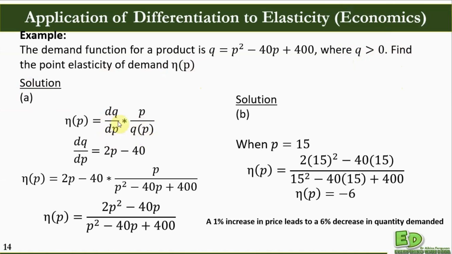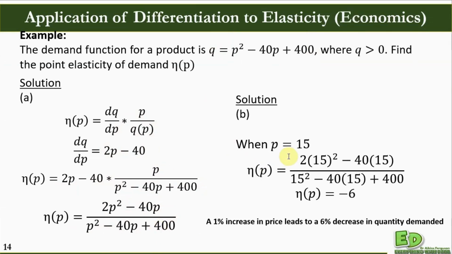So we have to differentiate Q, which is P squared minus 40P plus 400. dq over dP will give us 2P minus 40, times P. We don't know P, so P here over Q. Q has been given as this whole function you have here, so over P squared minus 40P plus 400. (2P minus 40) multiplies P. That gives you 2P squared minus 40P all over P squared minus 40P plus 400, right?